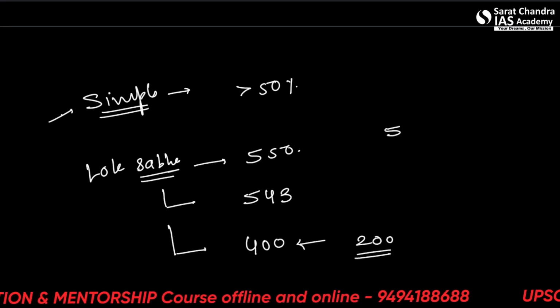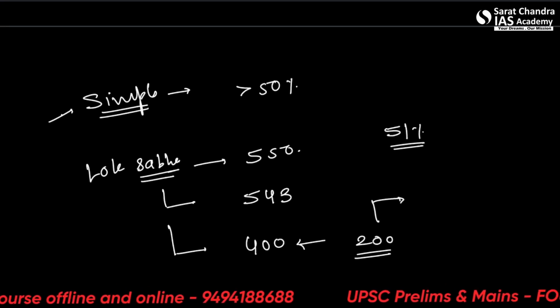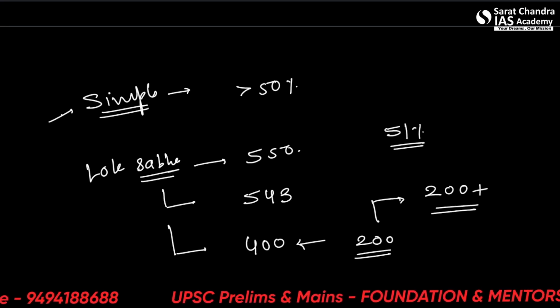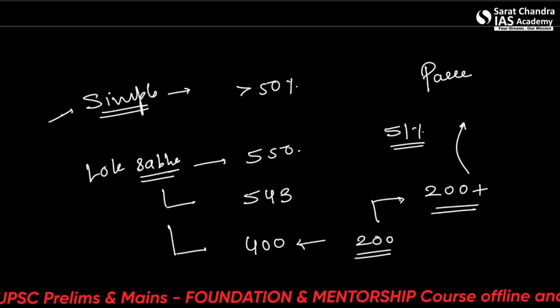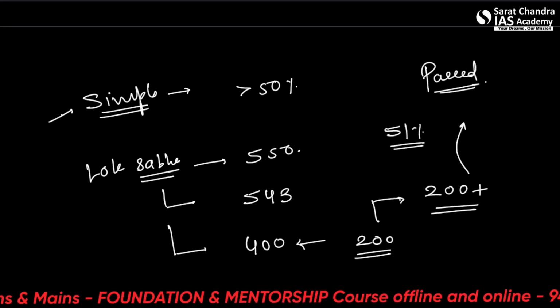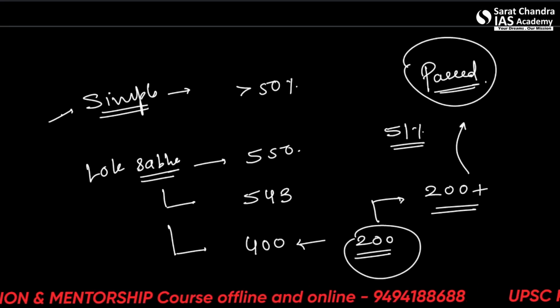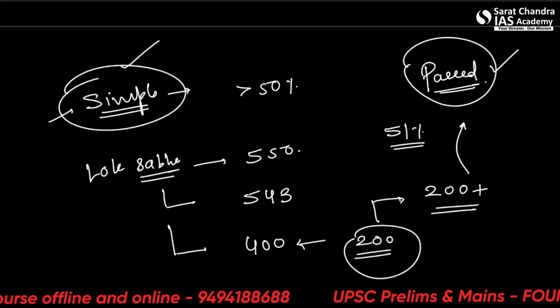If 51% people vote, any number more than 200 plus votes are required for any bill, then the bill will be supposed to be passed. Okay, so these people are present plus these are voting. And if they pass the bill, then the bill will be seen to be passed. It will be known as simple majority.